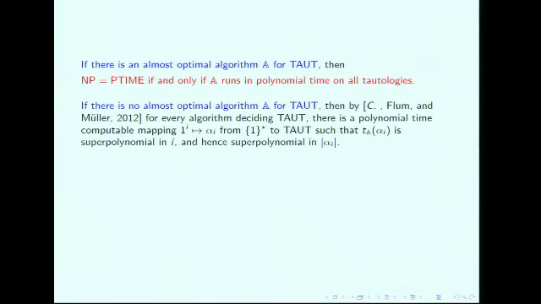And second, if there is no almost optimal algorithm, then by a result also due to me, Flum, and Moritz, for every algorithm deciding TAUT, I can find a polynomial time computable mapping which maps every unary natural number n to a tautology alpha_n, so that the running time of your algorithm A is super polynomial in n, hence super polynomial in the length of alpha_n. So this means that every algorithm for TAUT has easy to generate hard instances.